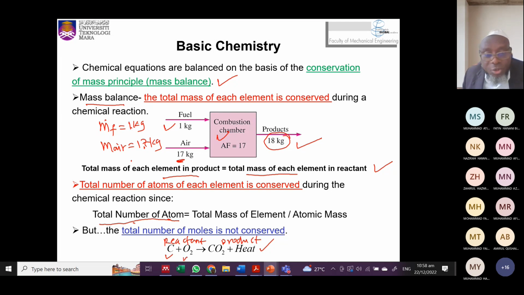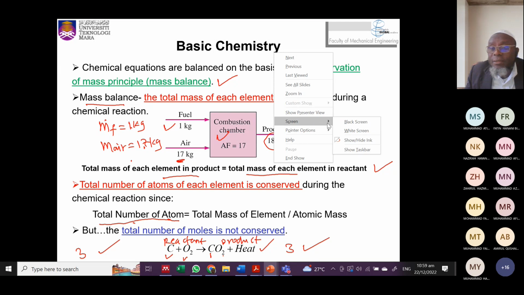Oxygen is 2. So the total gives us 3. The total number of atoms in the reactant is 3. What about the product? Here we have 1 carbon and 2 oxygen. So again, at the product, the total number of atoms equals 3. So you see that the number of atoms, both reactant and product, is balanced. You understand? So that's the concept. But the total number of moles is not always conserved. Let me show you what we mean by that.